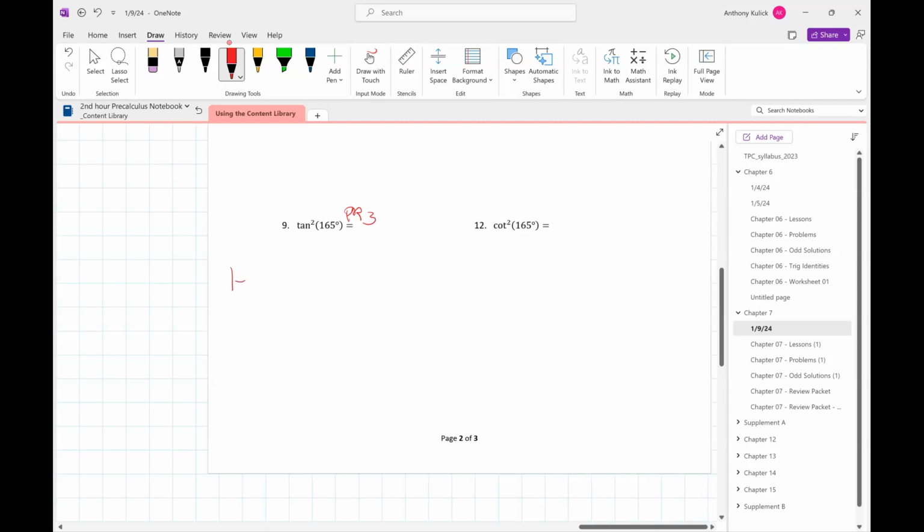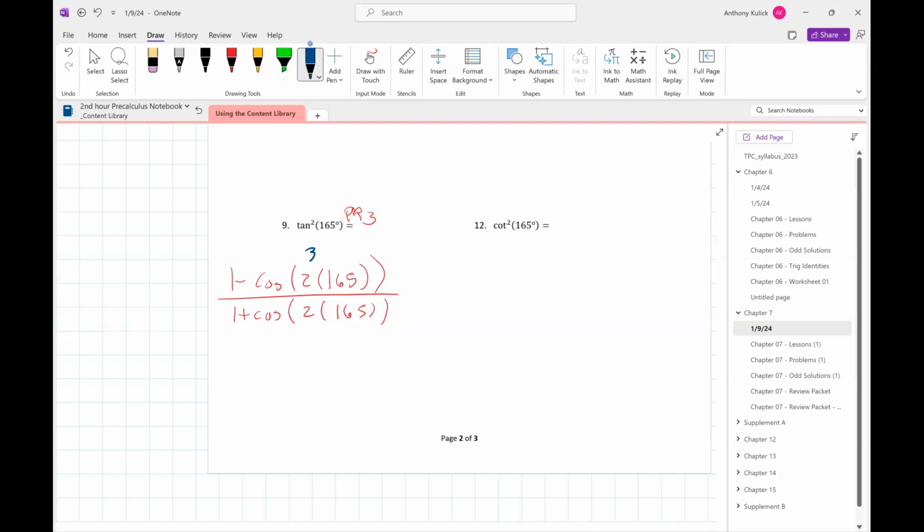That's going to be 1 minus cosine of 2 times 165 over 1 plus cosine of 2 times 165. Now 165 times 2 is 330. If I go to my unit circle, cosine of 330 is root 3 over 2.